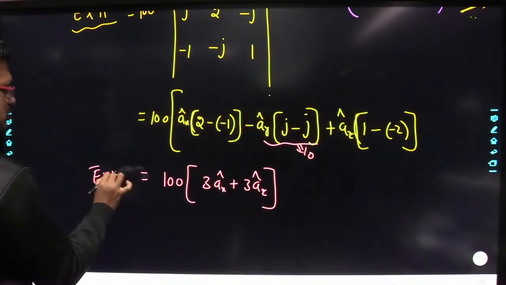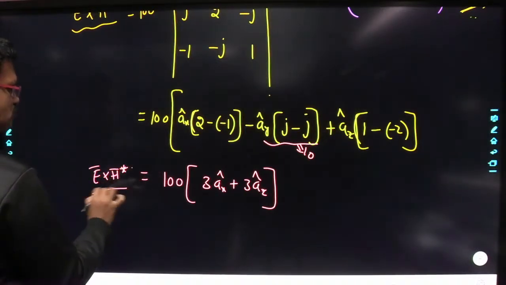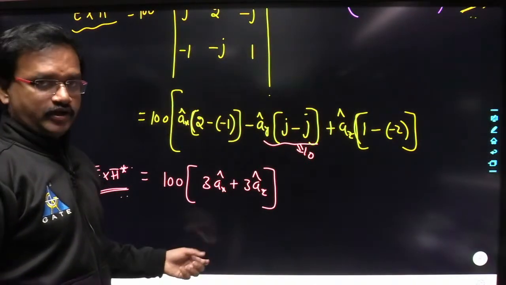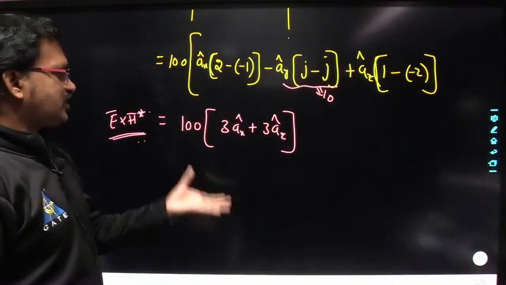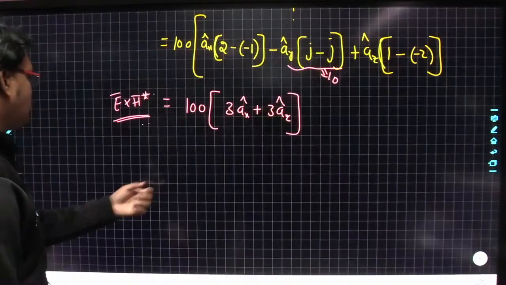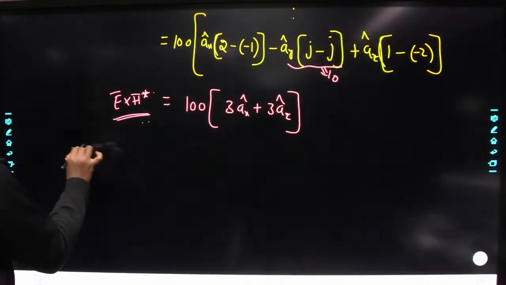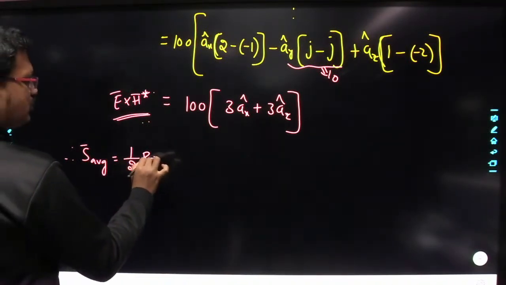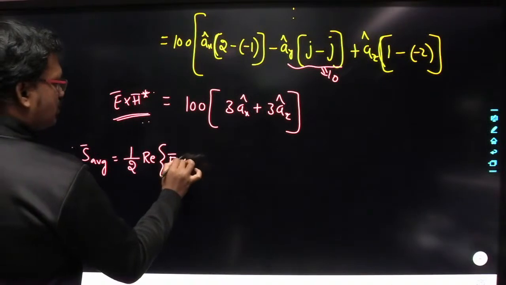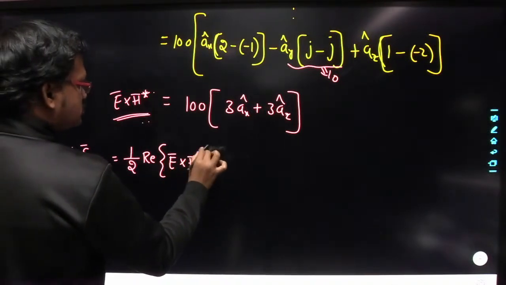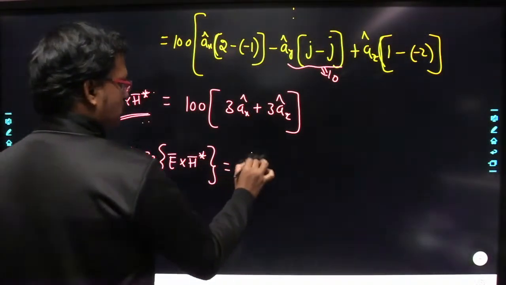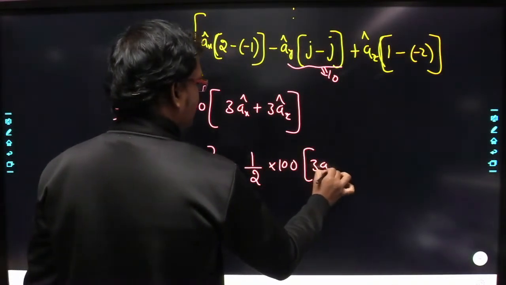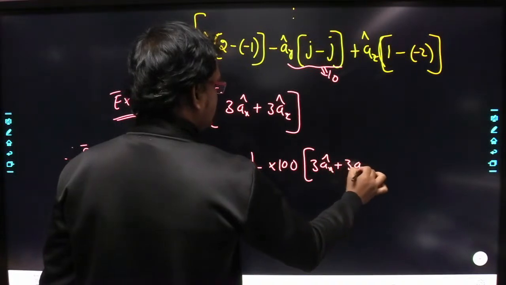So this is E bar cross H bar conjugate, and anyway we got it as a real quantity, so the real part of this is the same thing. Therefore S average is equal to half into the real part of E bar cross H bar conjugate, which is half into 100 into 3 ax cap plus 3 az cap.